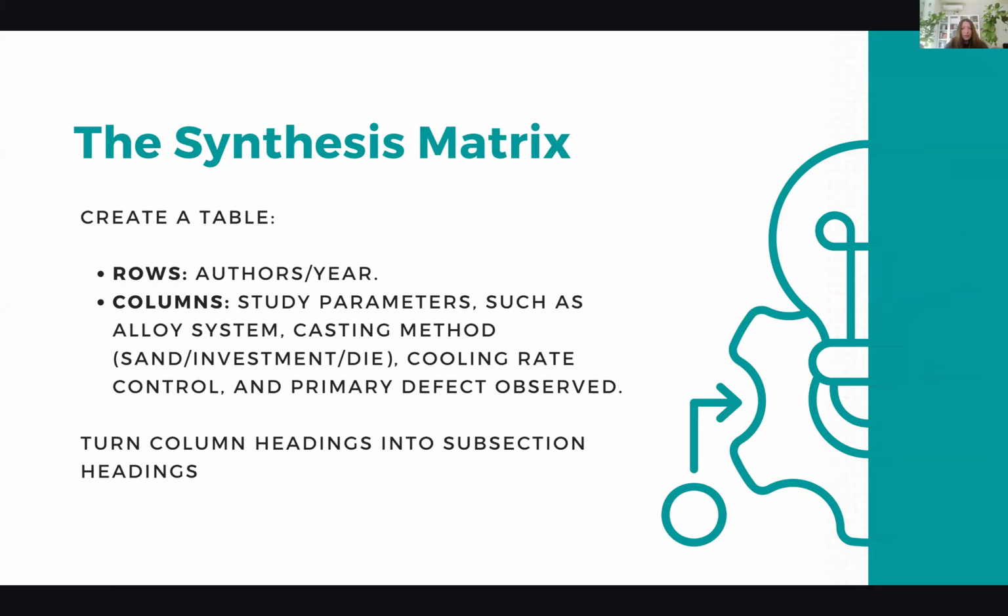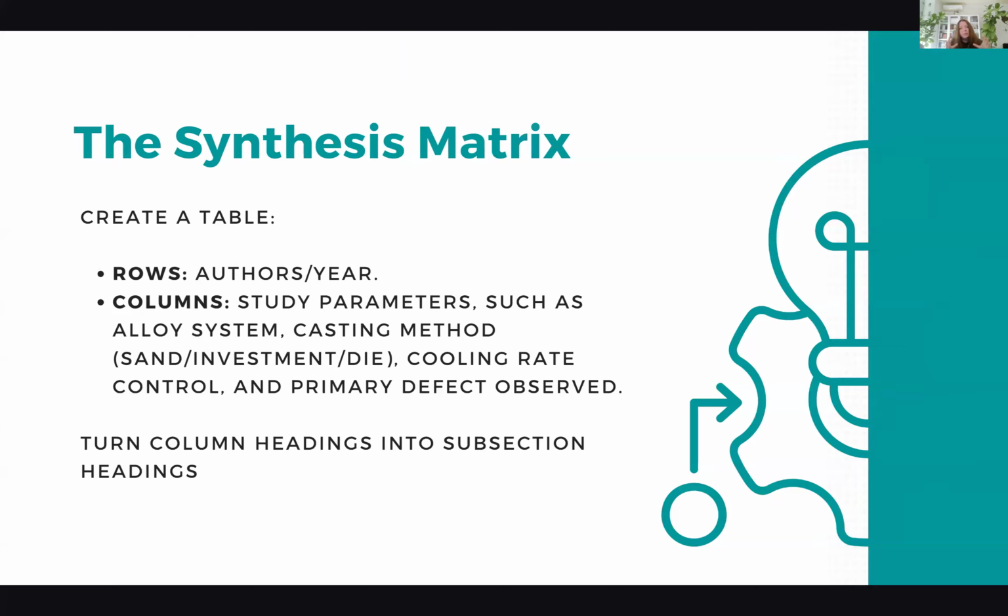So anything you can find. Those can be alloy system, casting method, cooling rate, primary defect, inoculator type, heat treatment temperature, anything else, any parameters you find in the studies you use. And then you just turn all those column headings into your subsection headings and add data from the different sources.